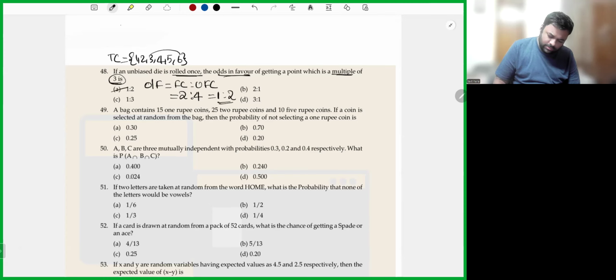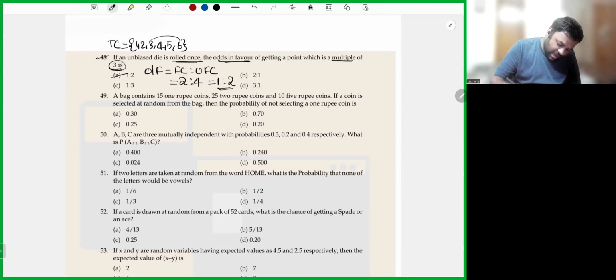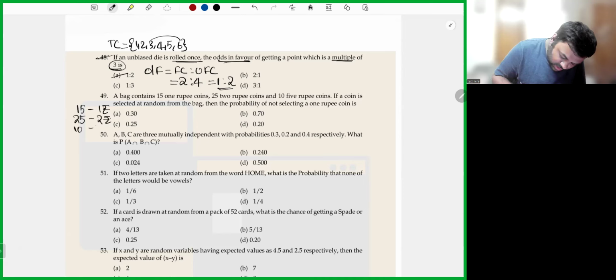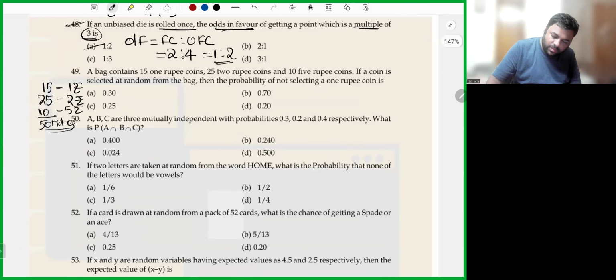Simple question. Next. A bag contains 15 1-rupee notes, 25 2-rupee notes, and 10 5-rupee notes. So a total of 50 notes are there. It asks for the probability of not selecting a 1-rupee note.